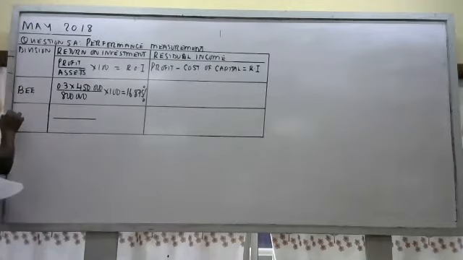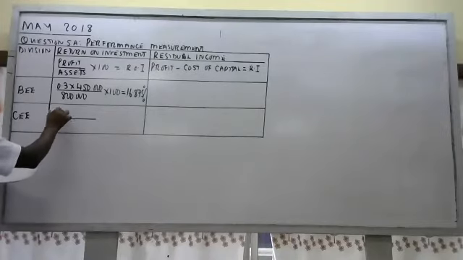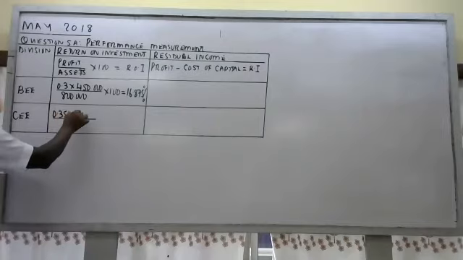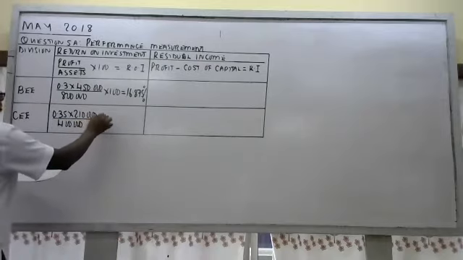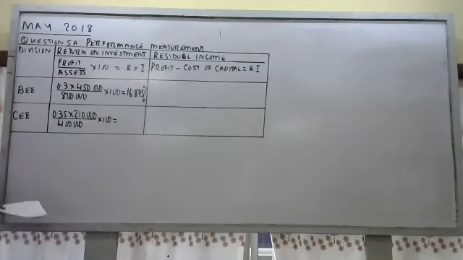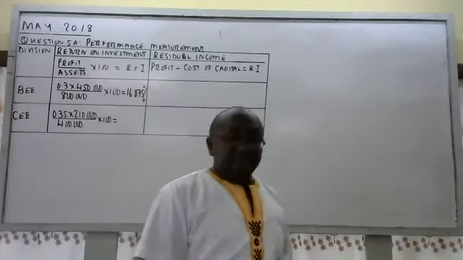So for C, it will be 35% of the revenue, which is 210. You divide by 400,000 times 100.